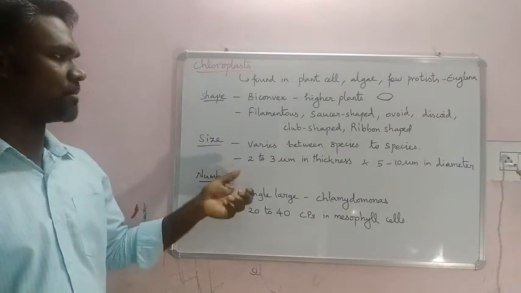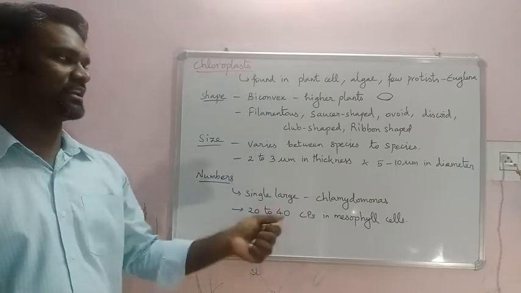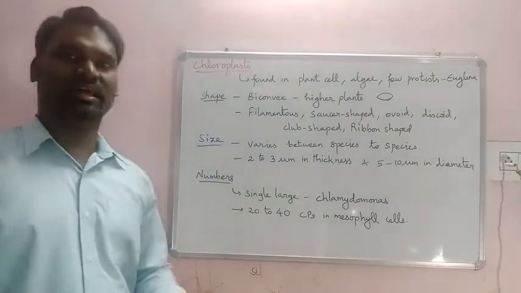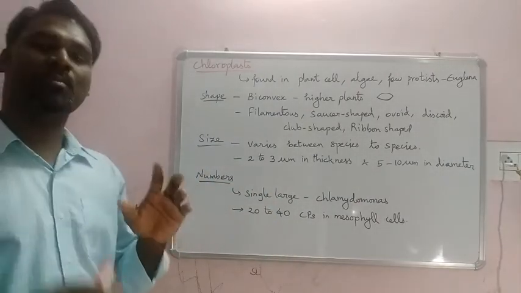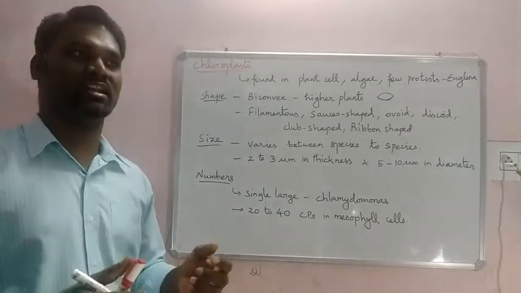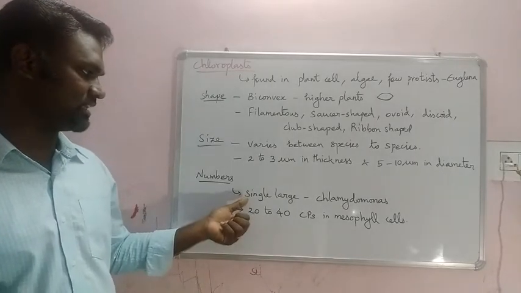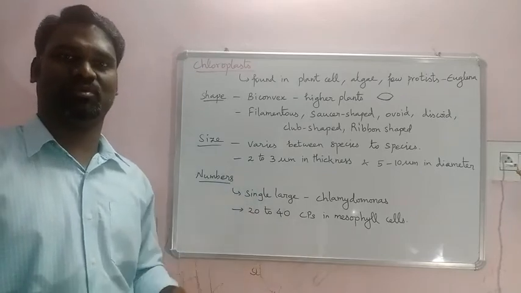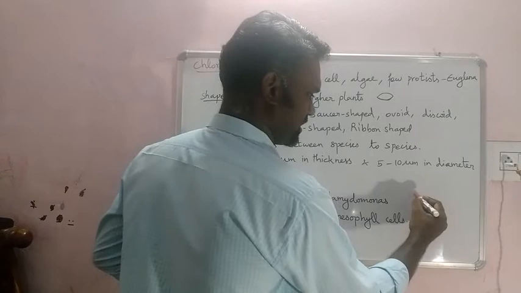Second, commonly the thickness of chloroplast is 2 to 3 micrometres and the diameter 5 to 10 micrometres. When you are discussing the structure, you come to know about this. As I told you on the earlier slides, the number also varies. So I have written here, a single large chloroplast is available in Chlamydomonas. Let me draw a simple structure here.